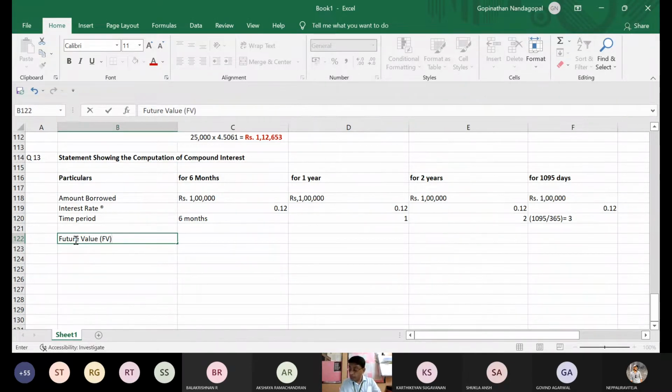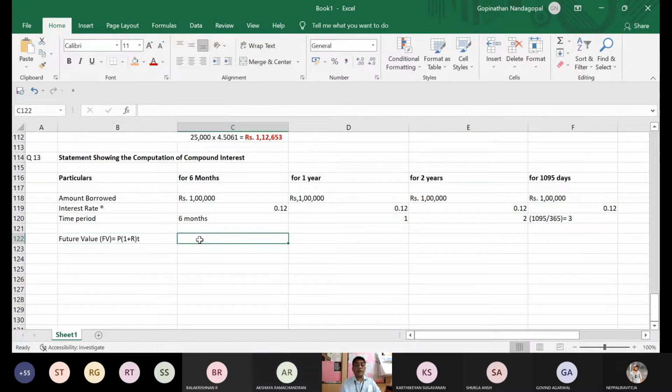FV is equal to P times (1 plus R) power of T. So you tell me what is the value now? Calculate.